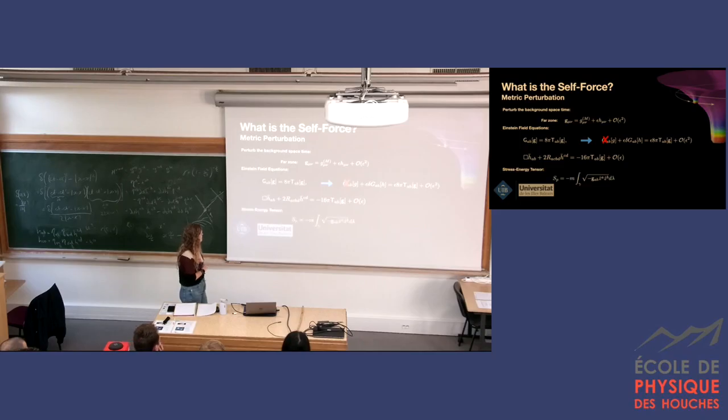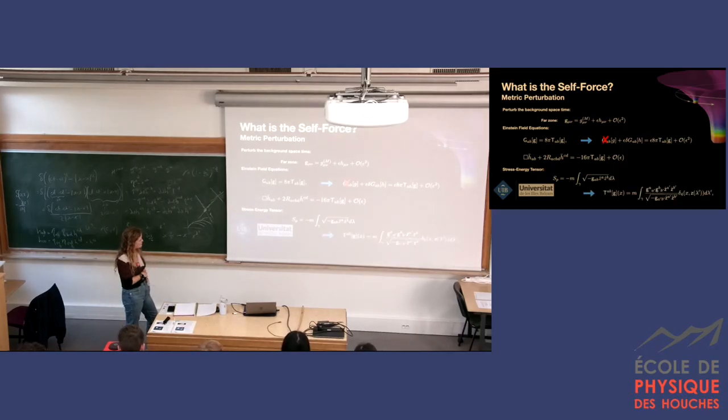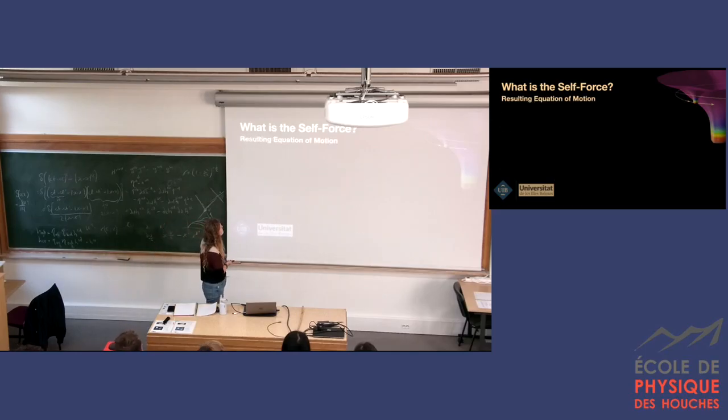I said our stress energy tensor now is coming from the little body. We have our action for that, and from your action you can always get your stress energy tensor. Once we have that, we want to get our equation of motion. Martha touched on this yesterday.